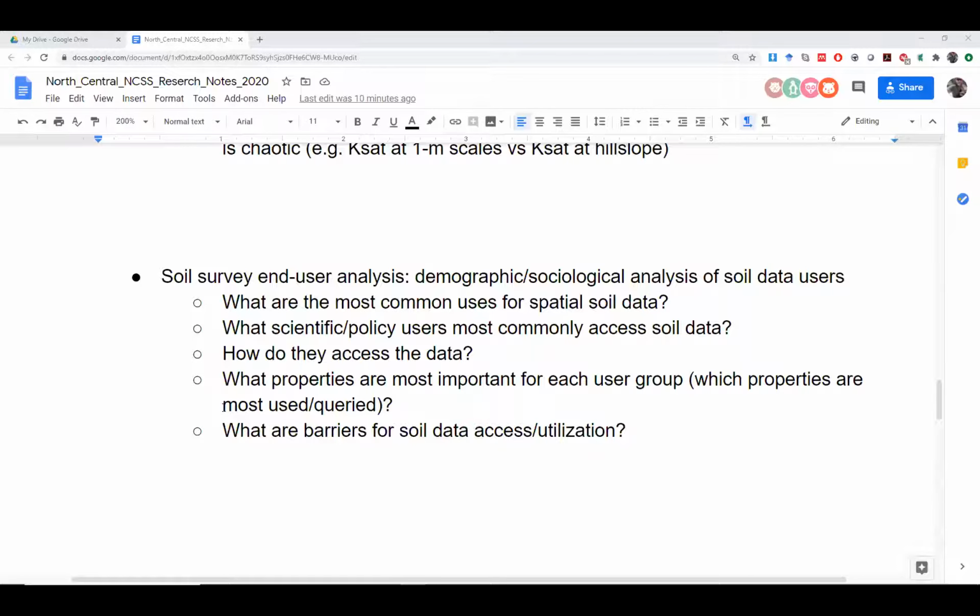And then lastly, what are the barriers to that soil data access or utilization, and how do we overcome those barriers so that more people have access not only to the data that we're providing and the data that's relevant to them, but in a way that's relevant to them? And can we provide data that's more useful to those user groups, so they're not utilizing maybe potentially inferior or less well-researched data products that are just simply easier for them to access.